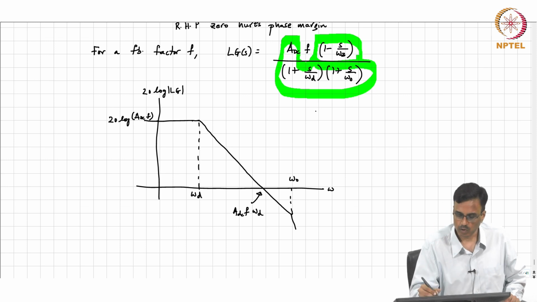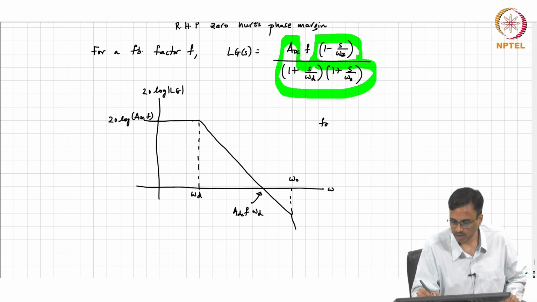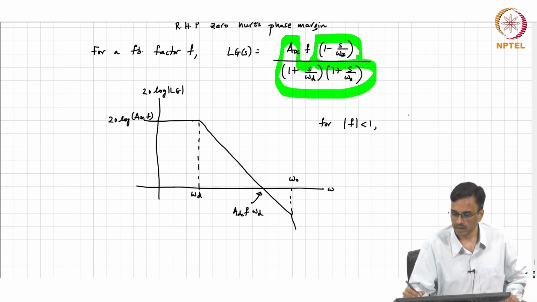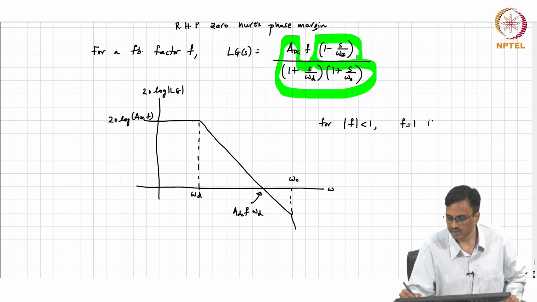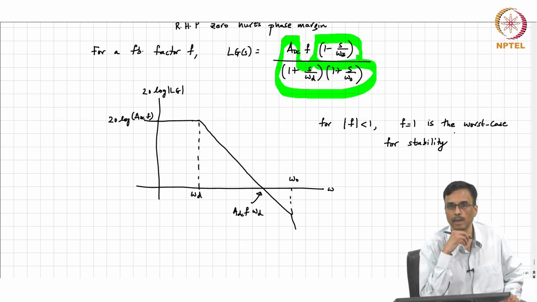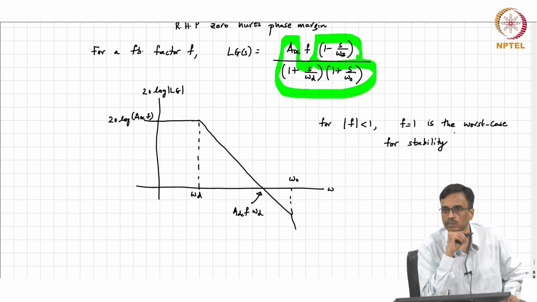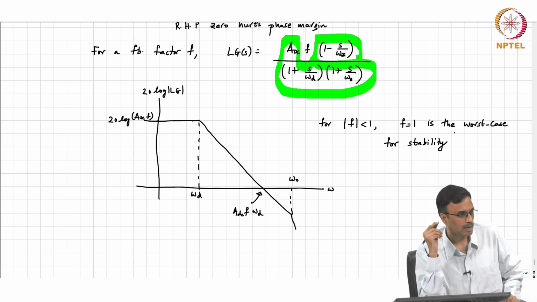So, for feedback factors less than 1, f equal to 1 is the worst case for stability, for a dominant pole compensated op amp.